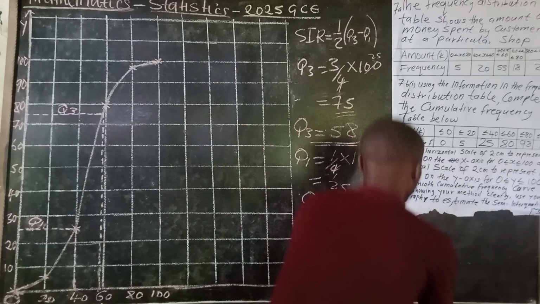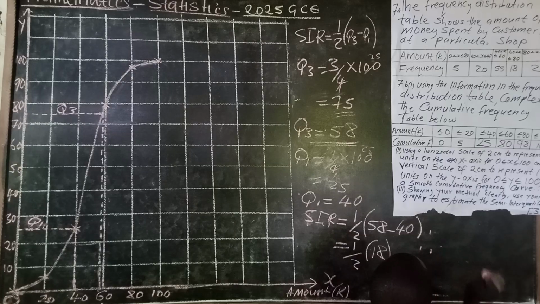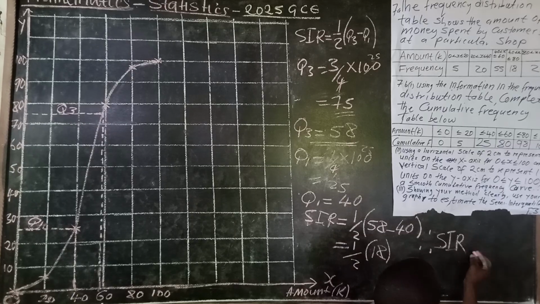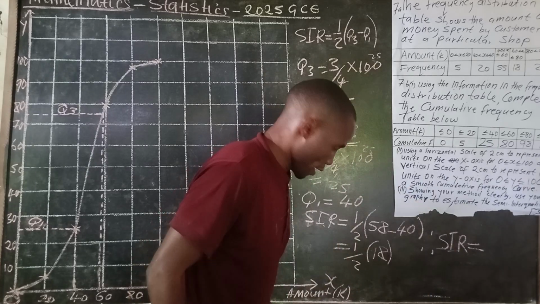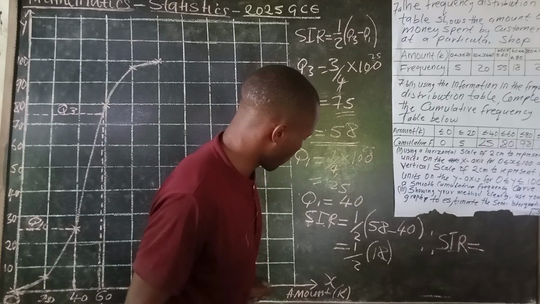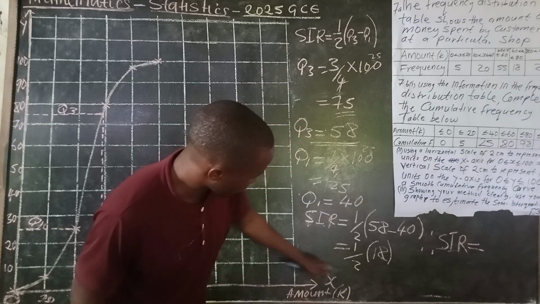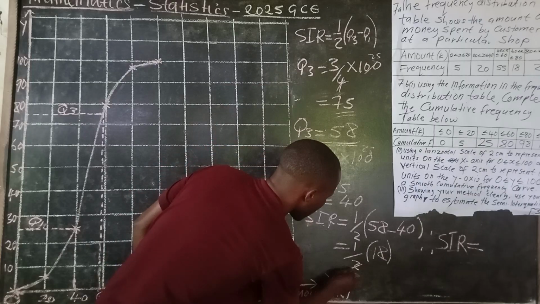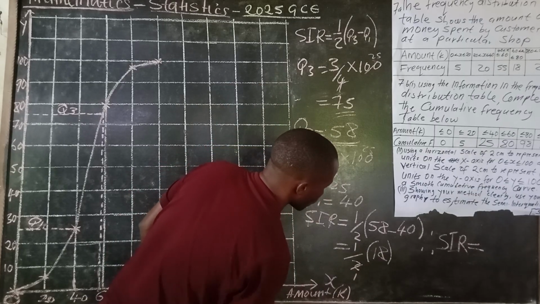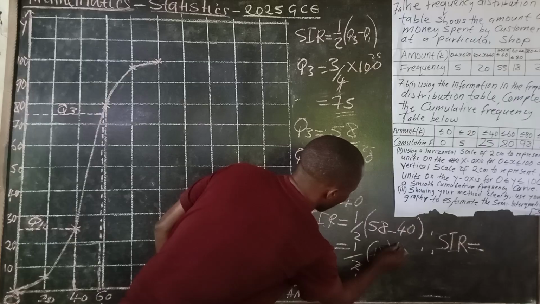Therefore, the final answer now. You can write it from here. Semi-interquartile range is equal to half times 18. How do we multiply this simple question? You just say 2 into 18. Here 2 into 2 is 1, then 2 into 18 is 9.